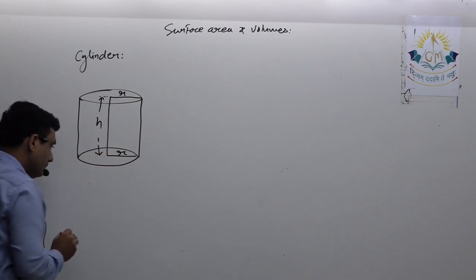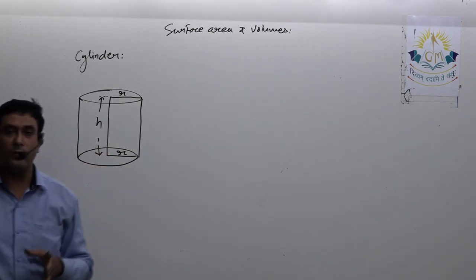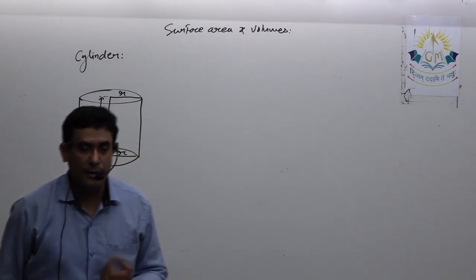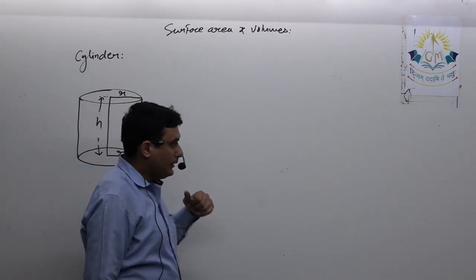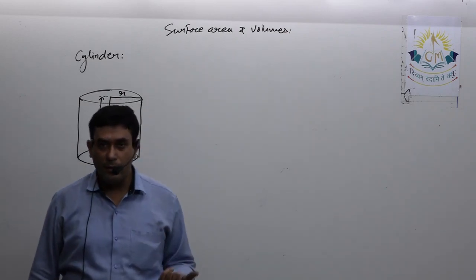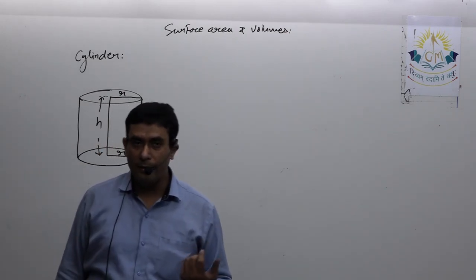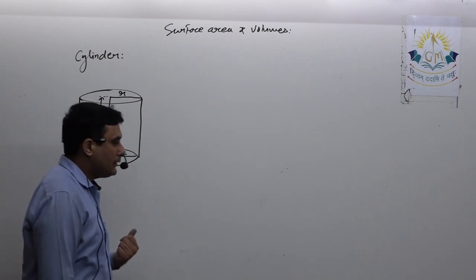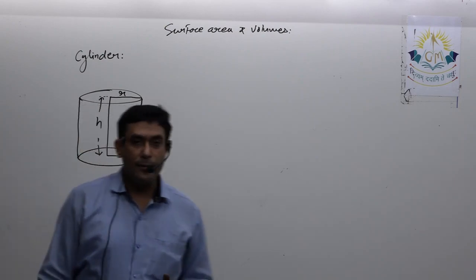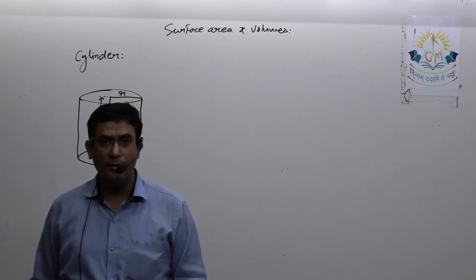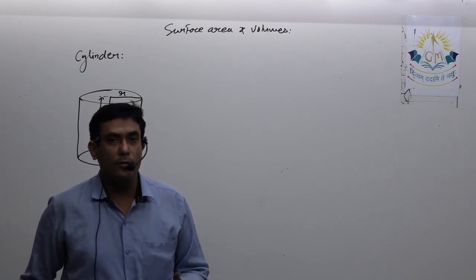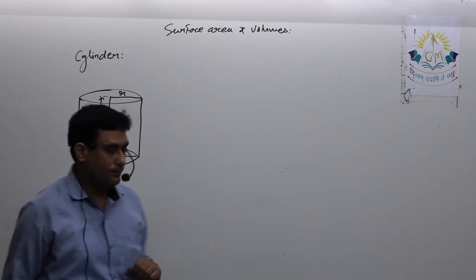Okay, so now again here we will see the total surface area, the lateral surface area and the volume. So see, now in the cube and cuboid it was lateral surface area, and over here we have a different term, that is curved surface area. The basic meaning is same. When I say lateral surface area or I say curved surface area, it means I am talking about the area of wall only.